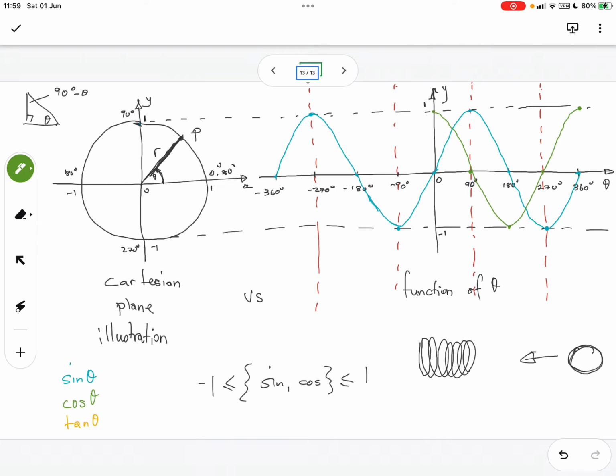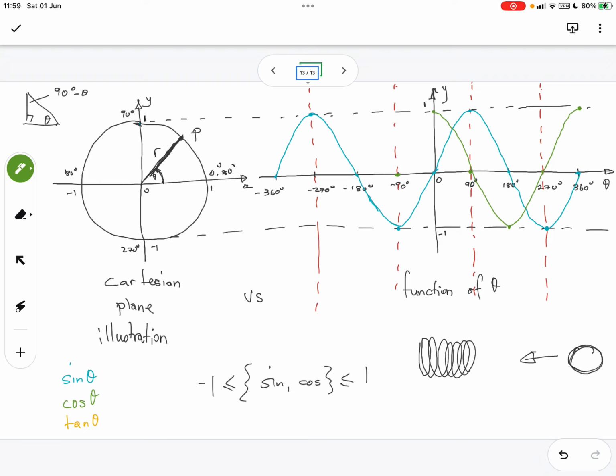Ne? And then when we do the same in reverse, in other words, for negative angles, starting with 0 degrees, going to negative 90, negative 180, negative 270, and negative 360. Then at 0 degrees, cos is still 1. At negative 90, cos goes to 0.